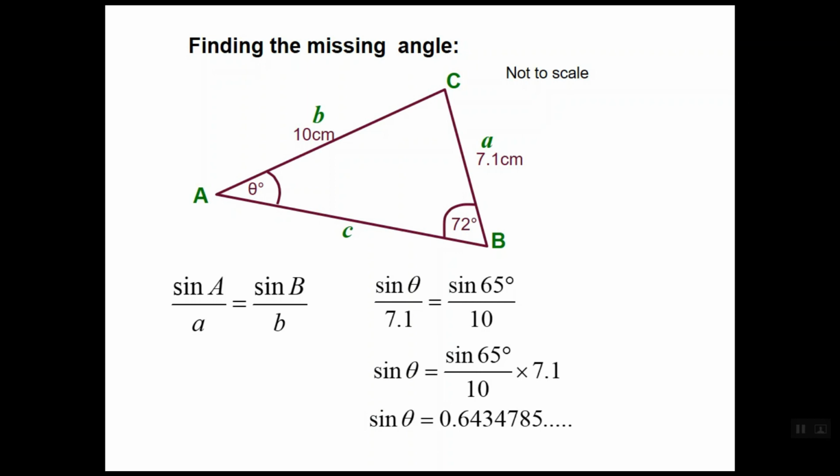Now all we need to do to find theta is to find the inverse of sine 0.643, whatever it is. Don't delete it from your calculator, just find the inverse of your answer. You should get an answer of 40.05 degrees.